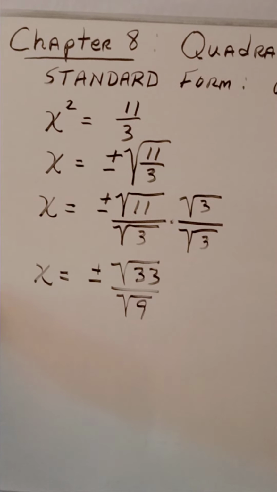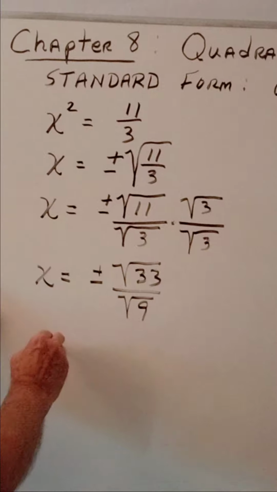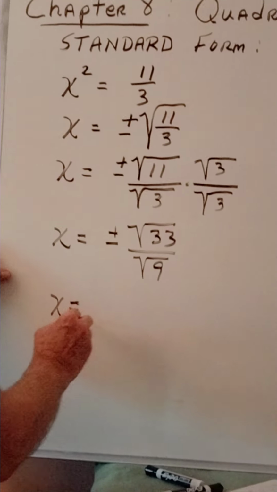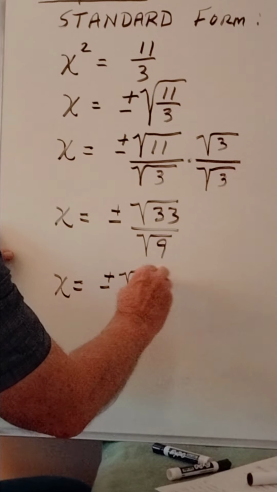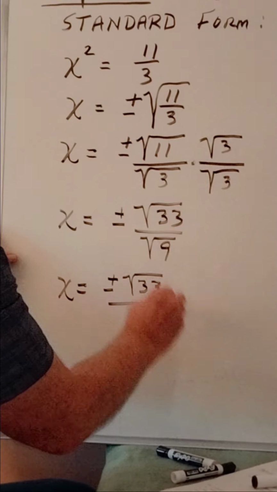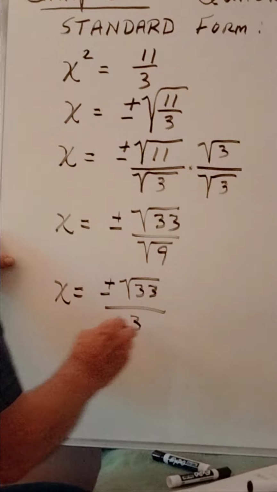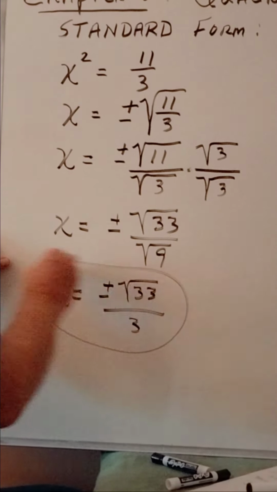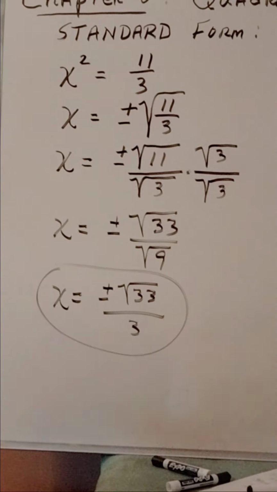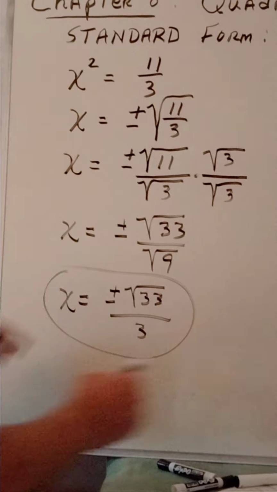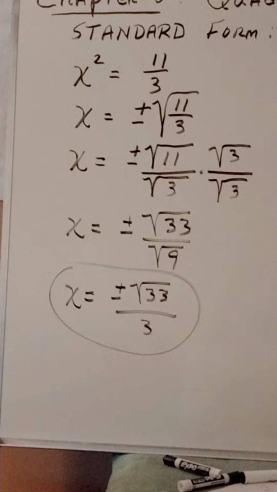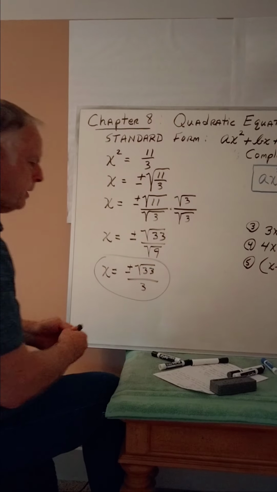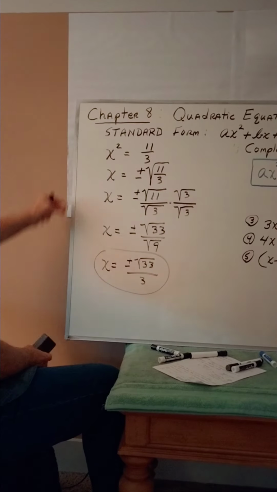And now 9 represents a rational number, so our answer will be x is equal to positive or negative root 33 over the root of 9, which is 3, and it is done. It is not necessary to separate these into two different solutions. We can leave it stated in that way, and it's fine.